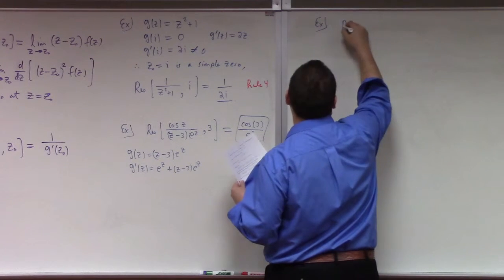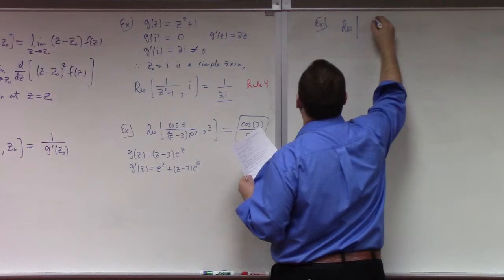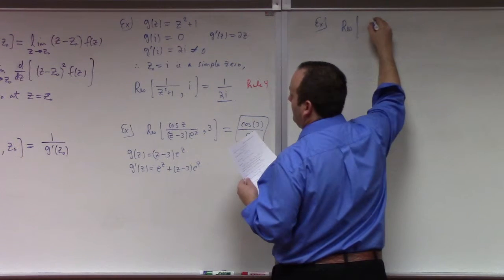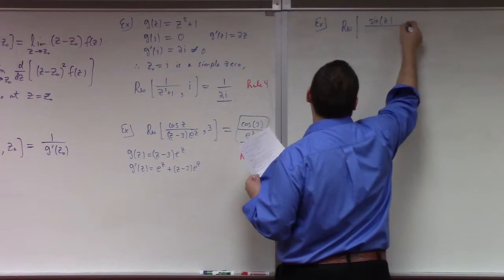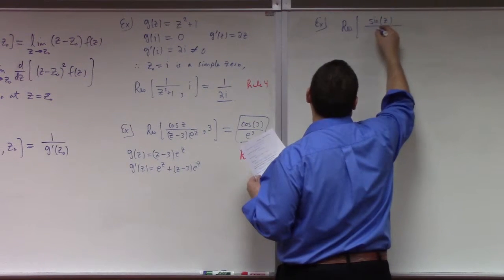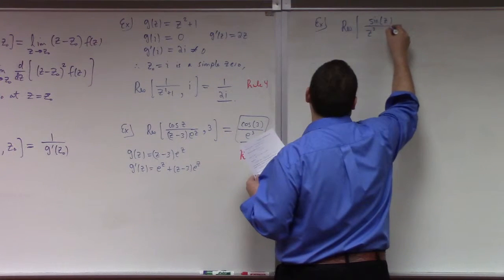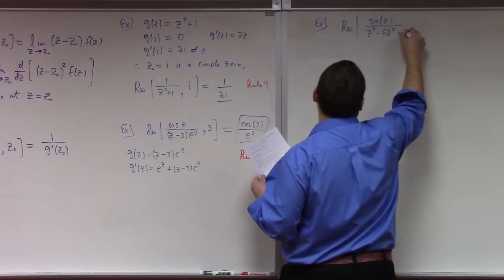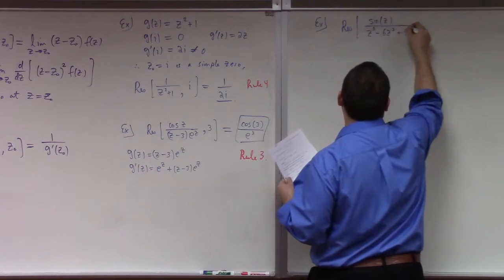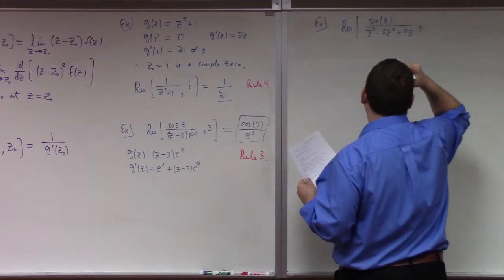Suppose we wanted to calculate the residue of, I don't know, sine of z divided by z cubed minus 6z squared plus 9z at minus 3.